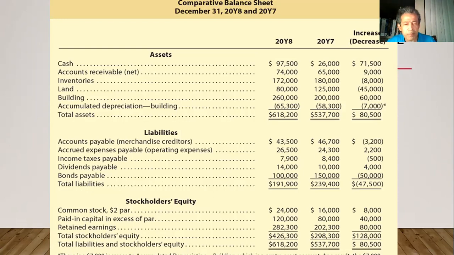So accounts payable has gone down by $3,200. So accounts payable going down means you paid more. So add decrease in accounts payable by $3,200. All right, so if we add it, we'd get $785,200.